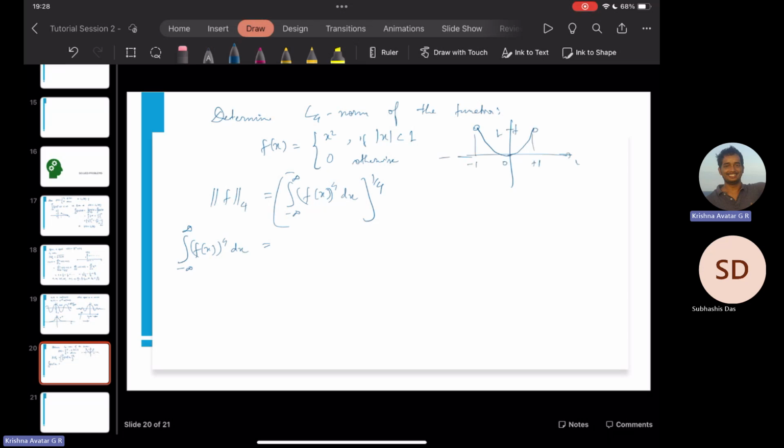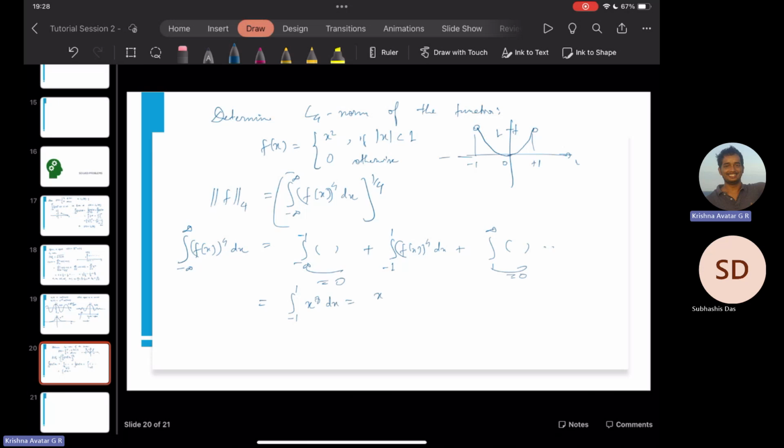So we can break the integral from -infinity to infinity into -infinity to -1, plus -1 to 1 of f of x to the power 4 dx, plus 1 to infinity. The first and last parts are of course 0. So what we have is the integral from -1 to 1, where f of x is x squared, and x squared to the power 4 is x to the power 8 dx.